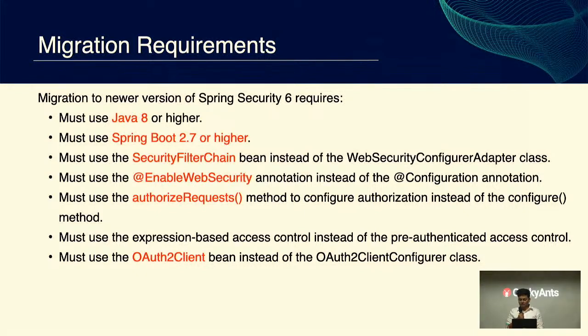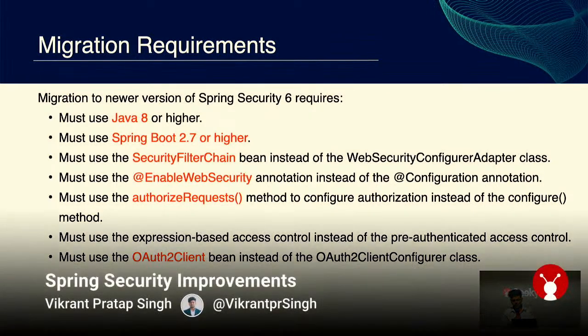In that case, Spring Security 6 is ensuring us to use expression-based access control rather than pre-authenticated, because it will not kill the primary execution thread, and it will continue with the same flow of execution rather than going to a different website, confirming, and then coming back to continue with the security purpose.